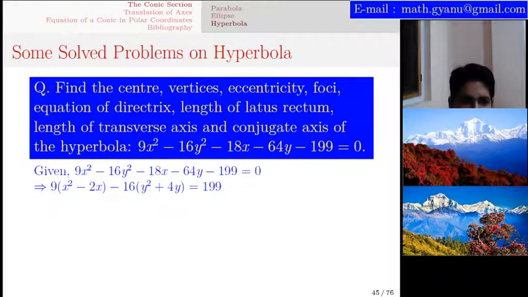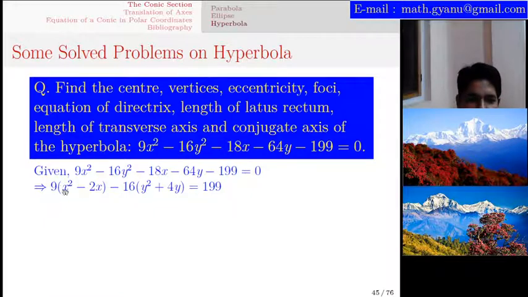This can be written, taking 9 common, as 9 times x square minus 2x, and taking minus 16 common, as y square plus 4y. This is equal to 199, transferring to the right side.